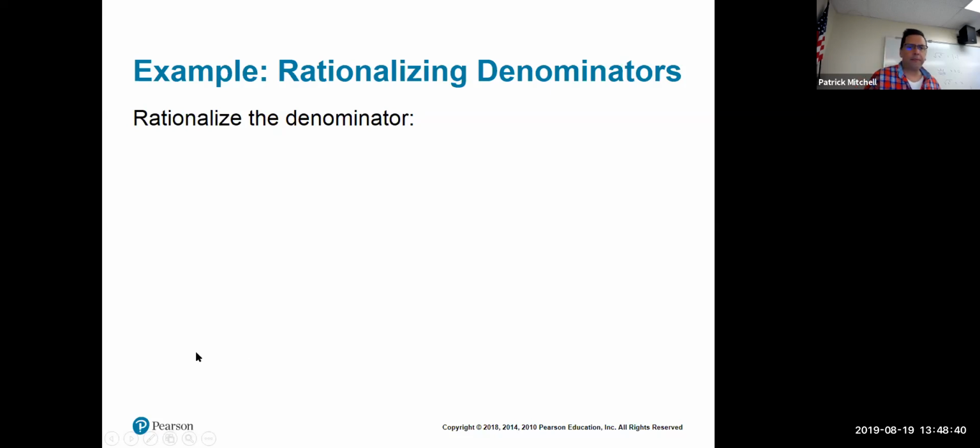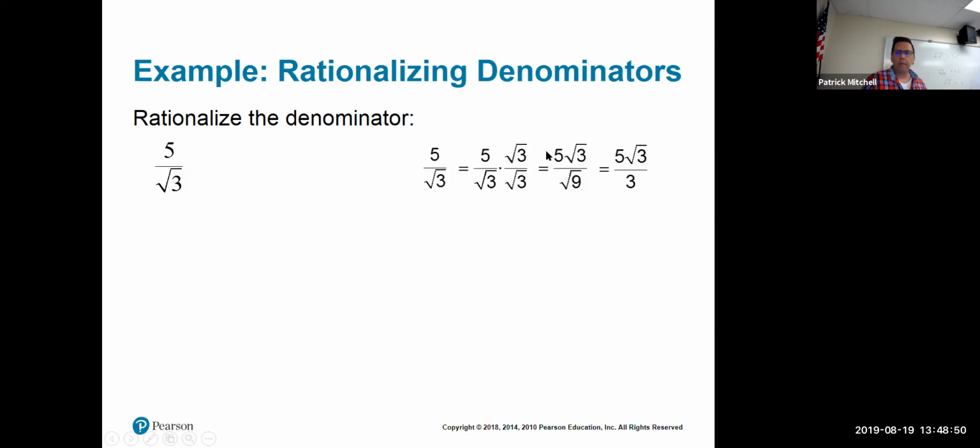So when you have something like 5 over the square root of 3, all they're saying to do is just multiply the top and the bottom by the square root of 3. This 3 right here is the smallest number that will create a perfect square over here.